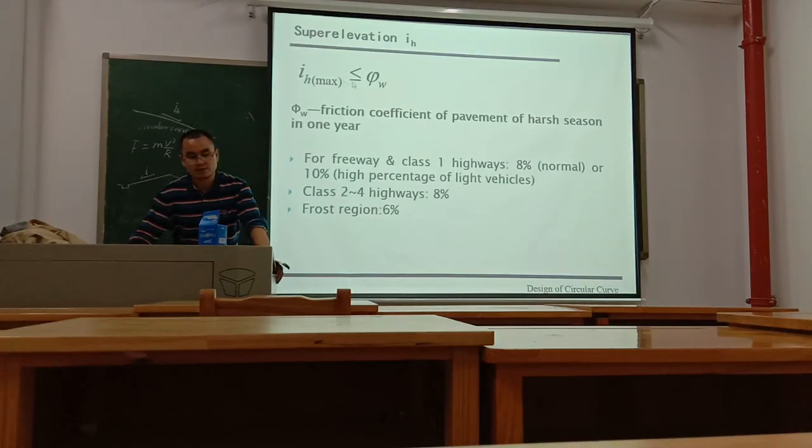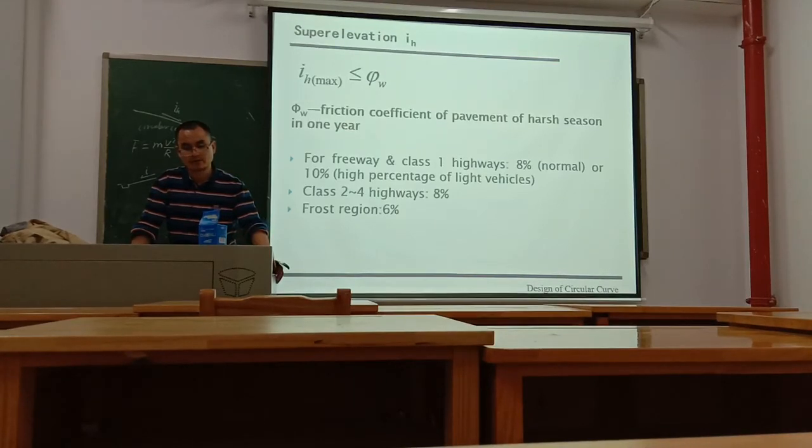IH is less than or equal to sine W. Sine W is the friction coefficient of pavement in the harsh season in 1 year.